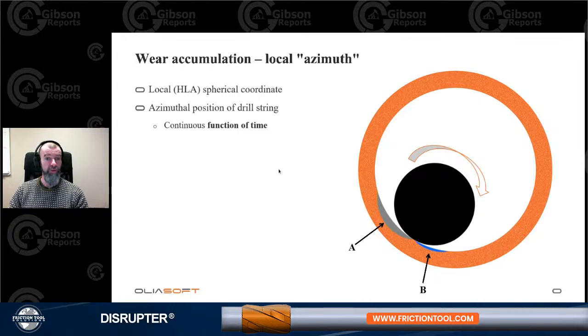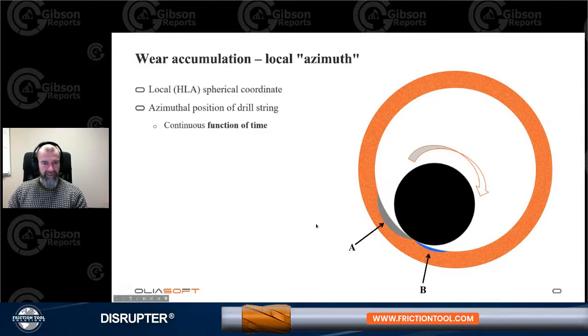Right? So first of all, we have to do a local accumulation. On the right-hand side, you see a cross-section where I've tried to illustrate a piece of casing as orange here. And here we see that there are two worn grooves, gray and blue, marked A and B.